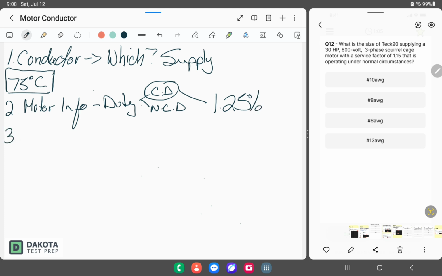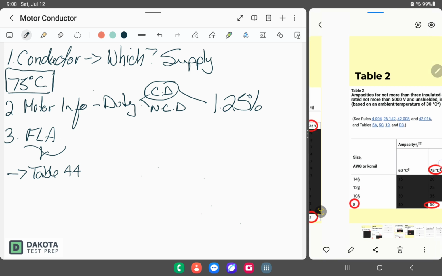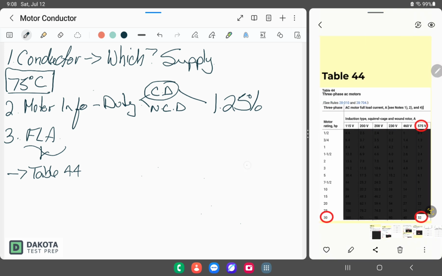And then the last question we ask is, what do we need? Obviously, we need our FLA. Since this is a three-phase motor, we are going to go to Table 44. The question mentioned 575 volts and 30 horsepower.